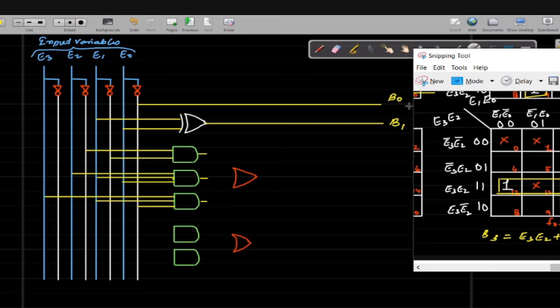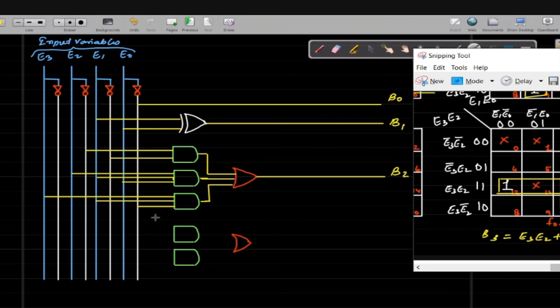And finally, you will have to connect all the outputs of these AND gates to the next level OR gate to implement your two-level AND-OR logic for the simplified Boolean expressions. Here you will get B2.